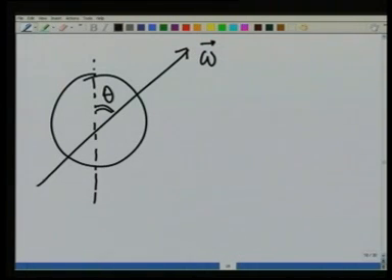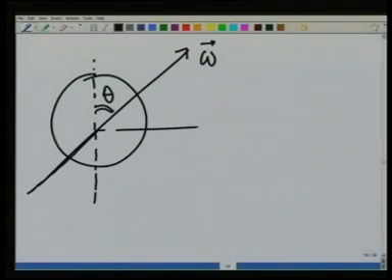The axis of rotation makes an angle theta with the vertical. And now I ask, what would be the eventual rolling speed of this ball? I know if omega points exactly up, then the ball cannot roll. Eventually it will stop. I know if it is pointing this way, it will roll with certain speed that we can calculate. How about when it makes an angle?